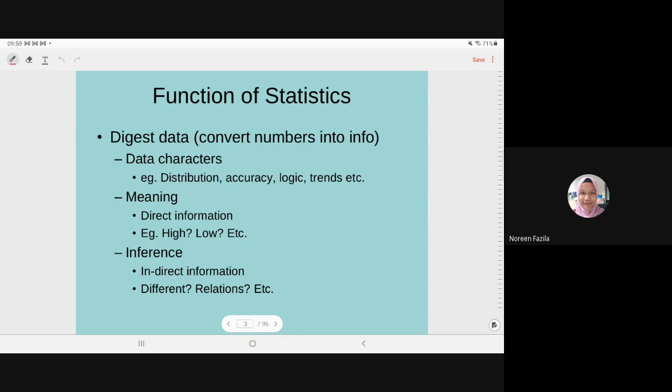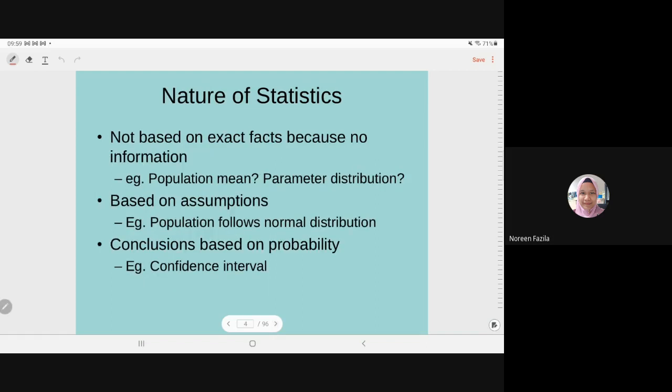The inference is the indirect information. If it is different, what is the meaning or the possible cause of the difference? And any relations. If it is high, then what does that imply? Those are all inference, indirect information. All of this we get when we digest our data.